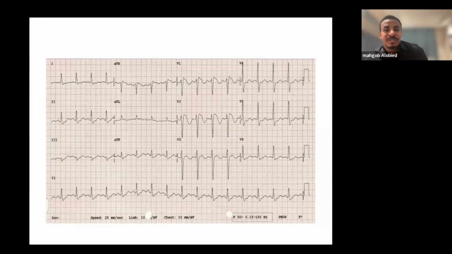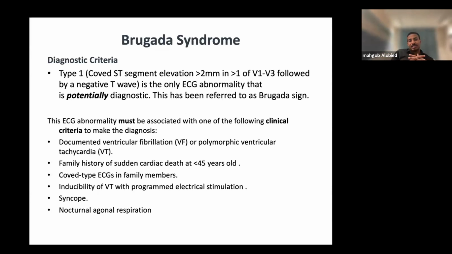Okay, let's come to this point: Brugada syndrome versus Brugada sign. For Brugada syndrome, you have diagnostic criteria with two components: the ECG component and the clinical criteria. You need ECG changes and one of the clinical criteria.